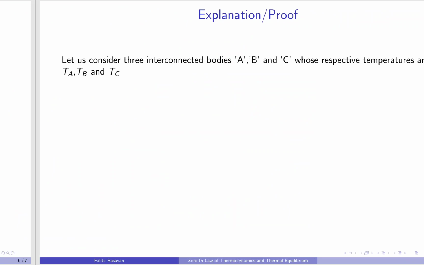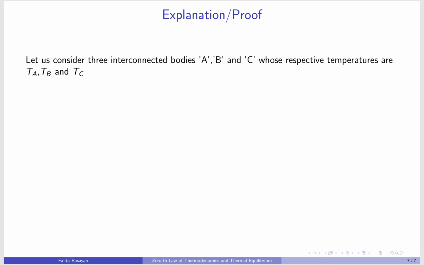If we look at it mathematically, let us consider three interconnected bodies A, B and C, whose respective temperatures are TA, TB and TC. A and B are in thermal equilibrium, hence we can write TA is equal to TB, since their temperatures must be the same.